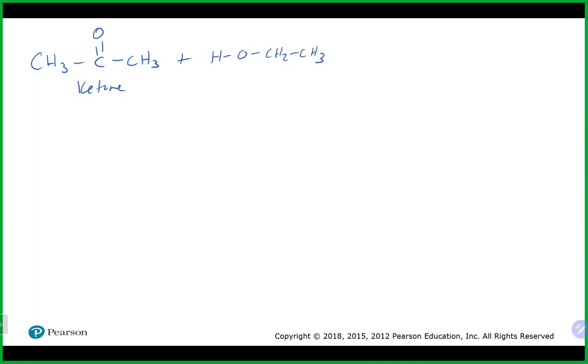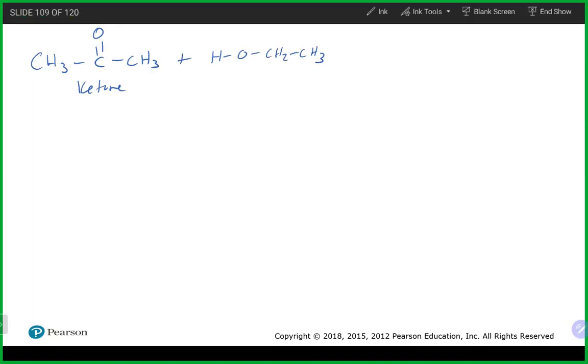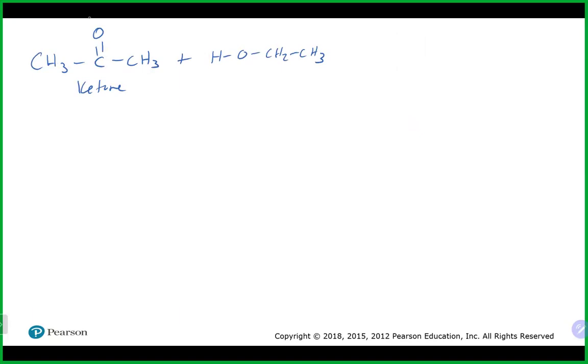First part of this is pretty identical. We are going to have, again, all of our action here, right here at the carbon-oxygen double bond. And just like before, it's going to become a single bond. So that's all you have to do is draw that up as a single bond.